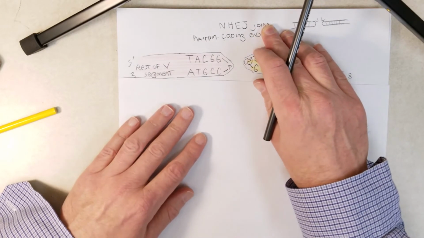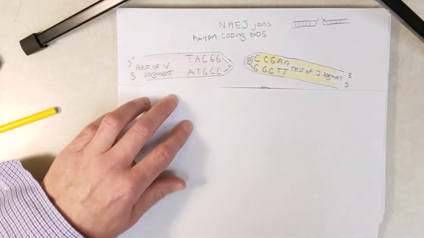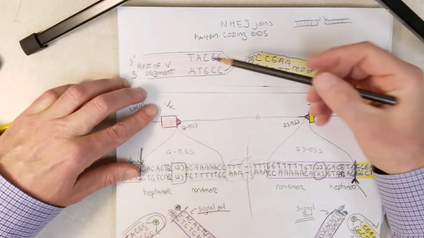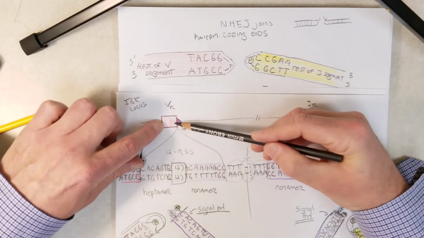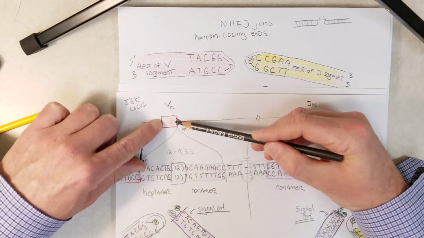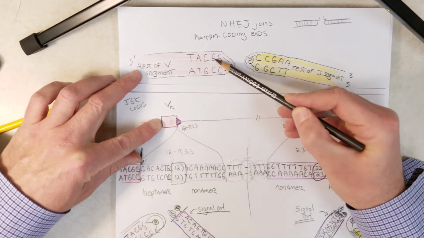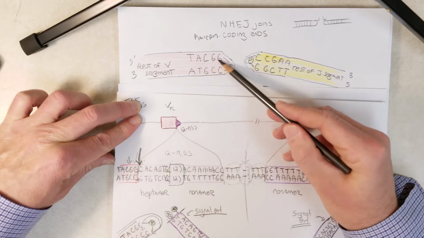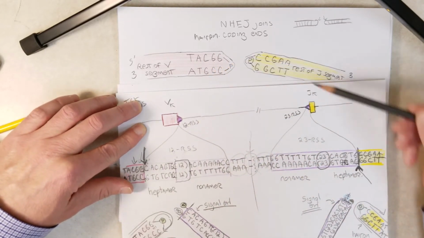So the first thing they do, and here's the diagram, I'm just continuing on from the previous diagram. Here we have the V segment. I diagrammed the V segment small, but it's actually quite long, and I'm just diagramming a few nucleotides at the end. We have TACGG over here, and for the J segment we have CCGAA.